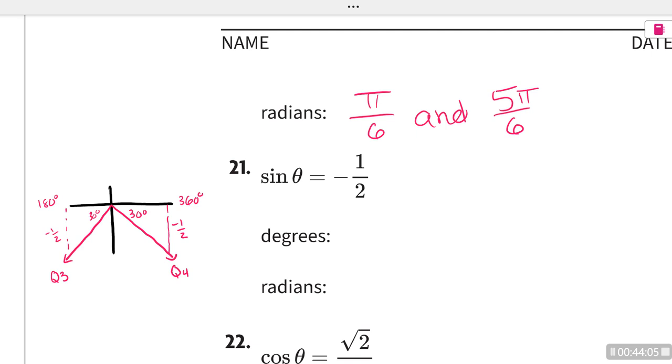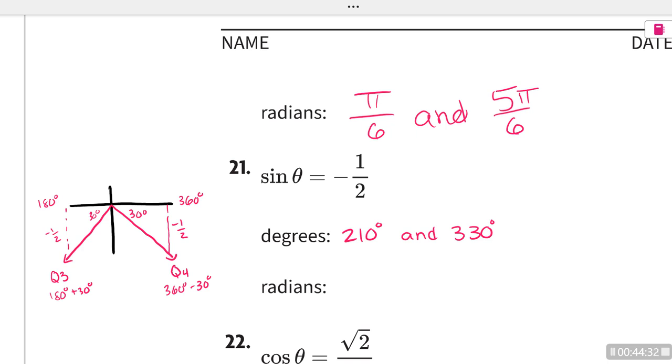So 180 plus 30 gives us our angle in quadrant 3, which is 210 degrees. And here we can do 360 minus 30, because we can't use negative 30, since our answers need to be between 0 and 360. So 330 degrees. That's our degree answer.